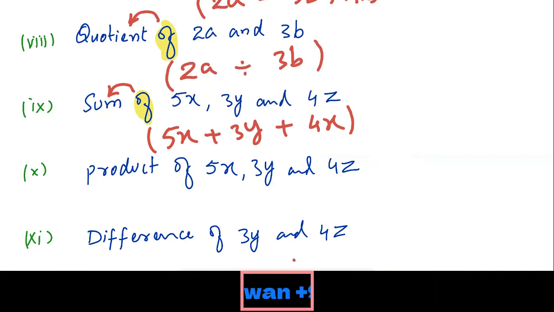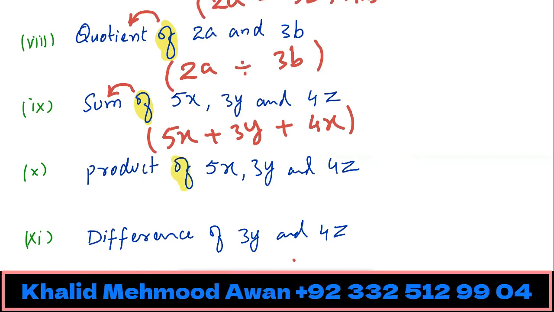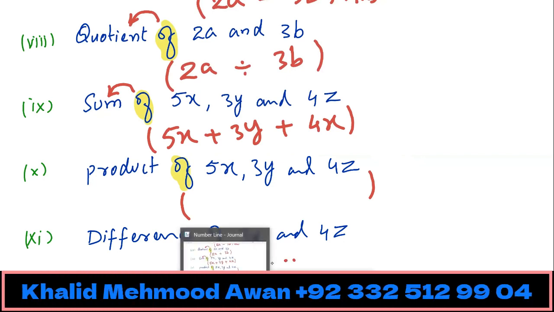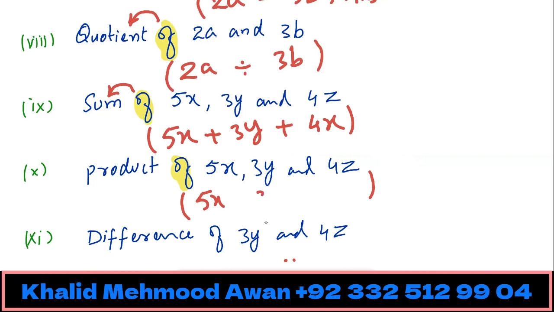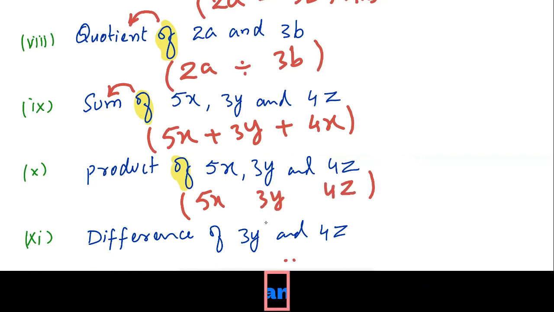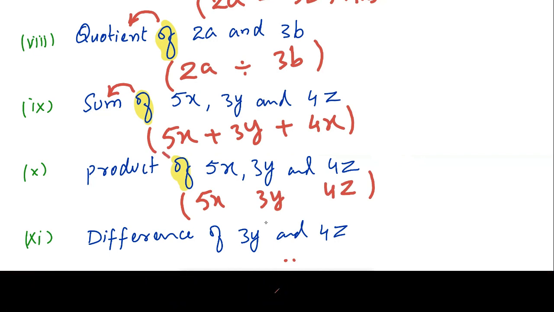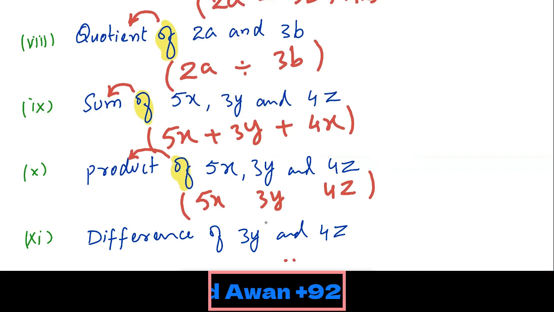Now again, we'll see that there is another "of." So "of" means bracket. So we'll be putting a bracket here till the end of the statement. And there are three terms, which are 5x and 3y and 4z. Now we'll look for the word before "of," which says product. So product means multiply.